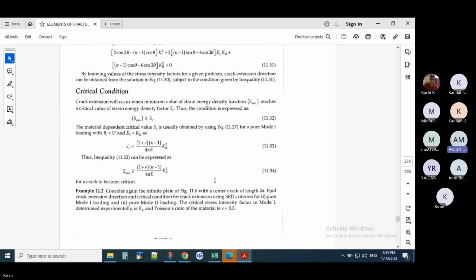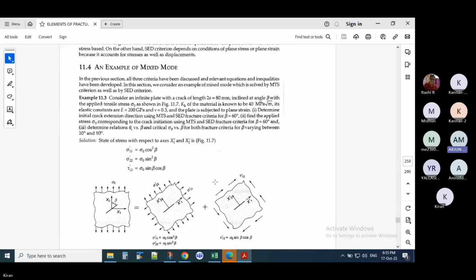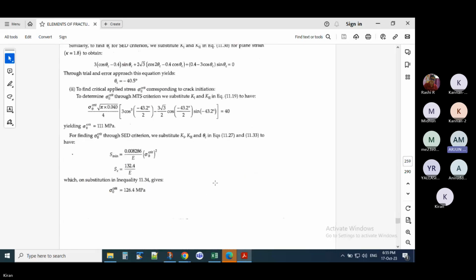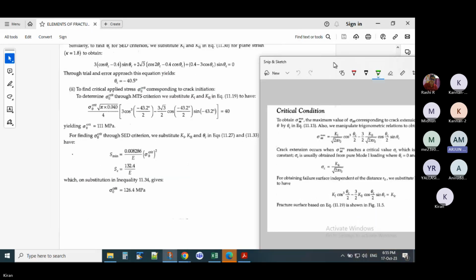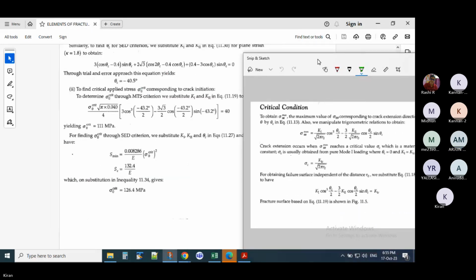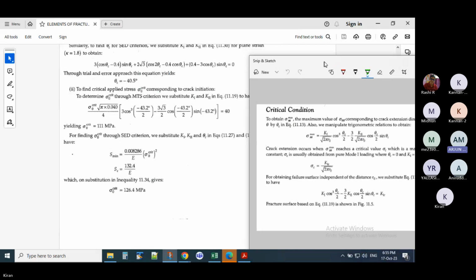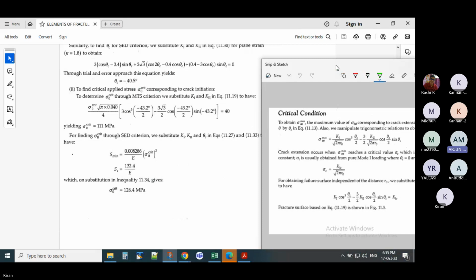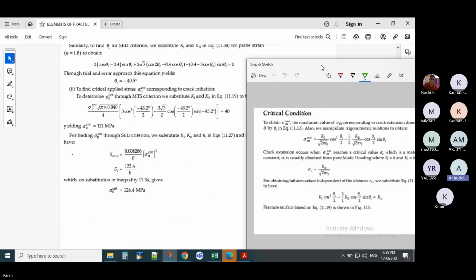That was the confusing point. Somewhere I referred that instead of 1 by root 2 pi r naught, you can take 1 by root pi a. That's why I wanted to check with all, because I had the same hiccup yesterday.